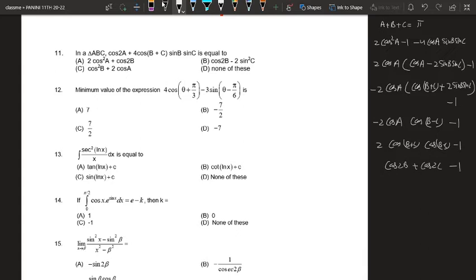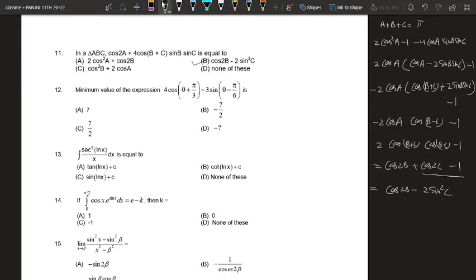Okay, now cos 2b plus cos 2c minus 1, in second option cos 2b and minus 2 sin square c. 1 minus cos 2c is 2 sin square c, so that is cos 2b minus 2 sin square c. Okay, this should be the answer.